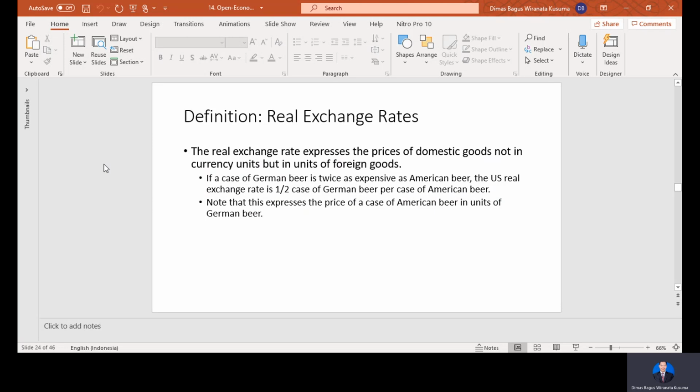So if German beer is twice the price, then from the US perspective, the price of beer is one half compared to the Germans.